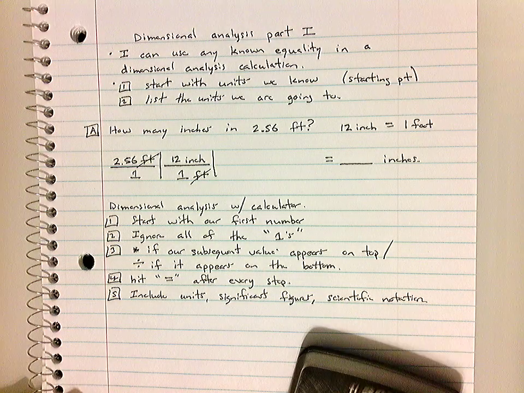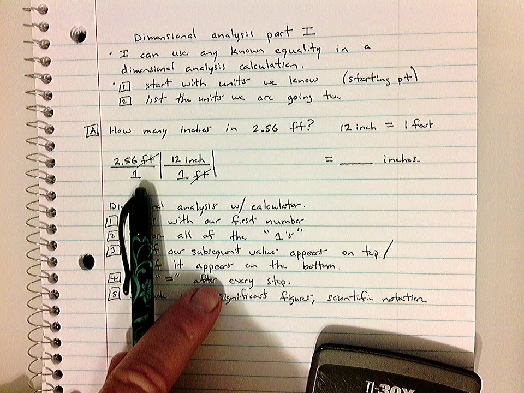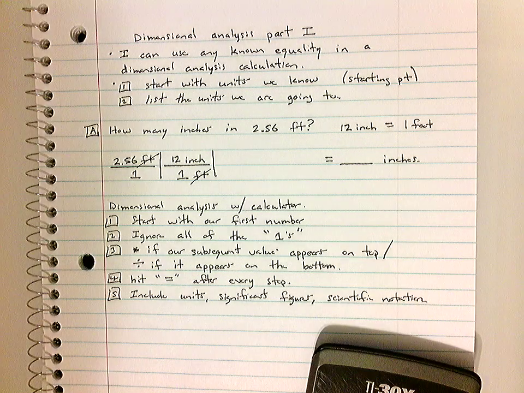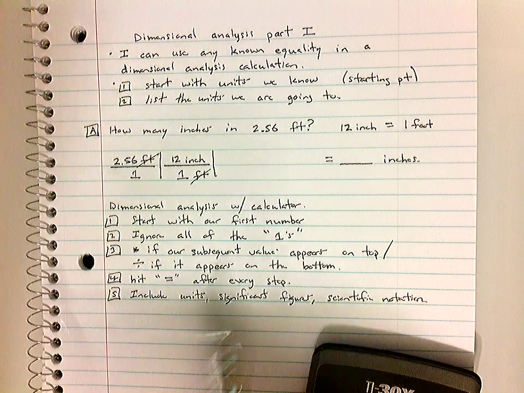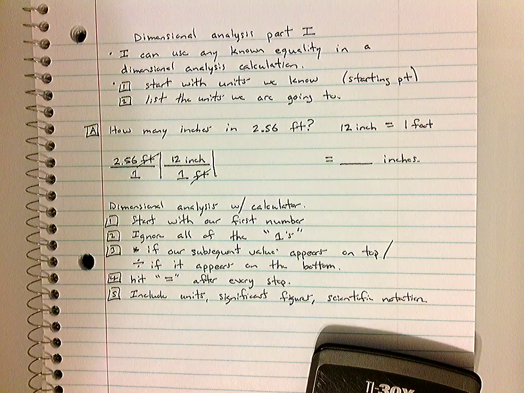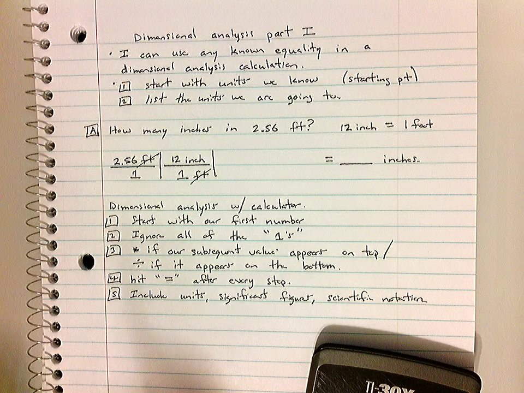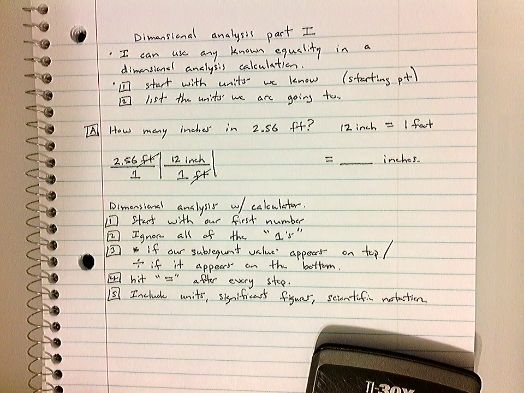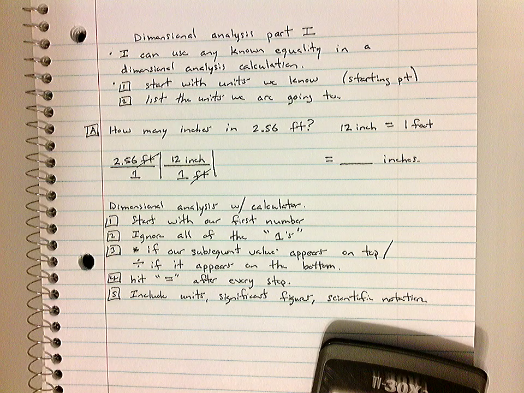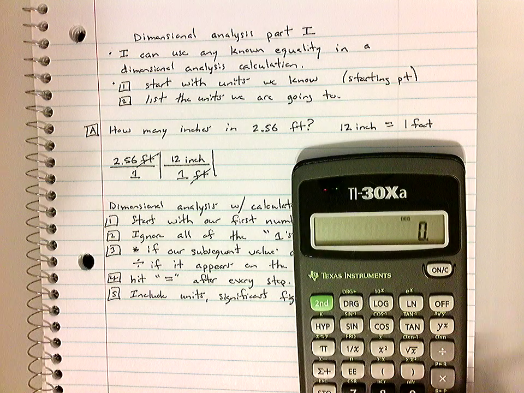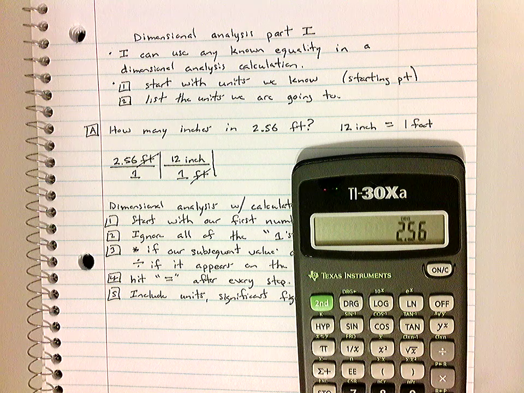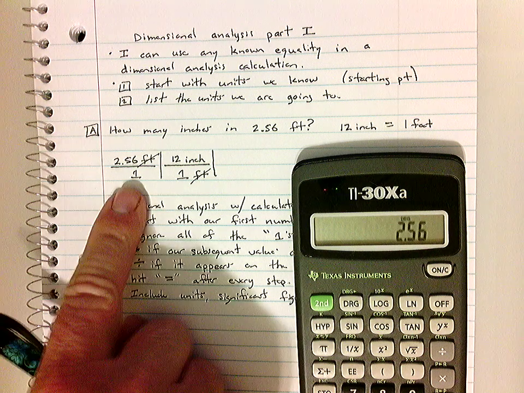So following those 5 rules in our attempt to go from feet into inches, it also helps to have an idea. We have 2.56 feet. We know there's 12 inches in 1 foot. Our answer is going to be bigger. This is a multiplication problem. So our first number is 2.56. We have this 1 underneath.